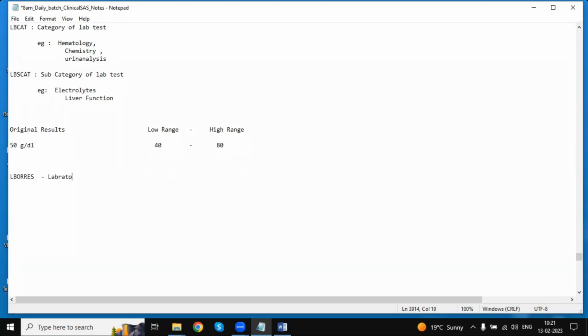Laboratory original results. Laboratory original results units. Okay, laboratory original results units. And laboratory original results lower limit, laboratory original results higher limit.